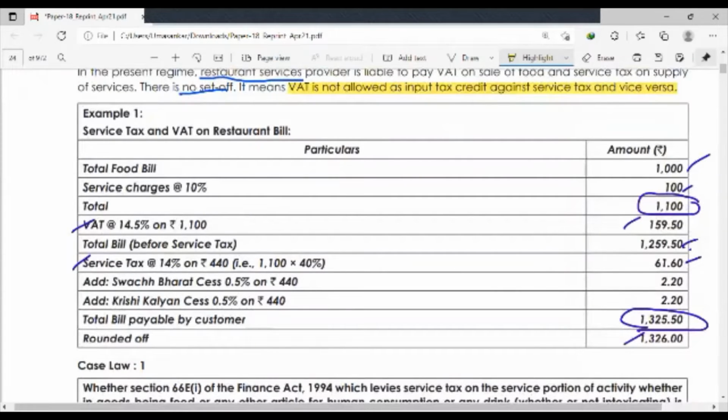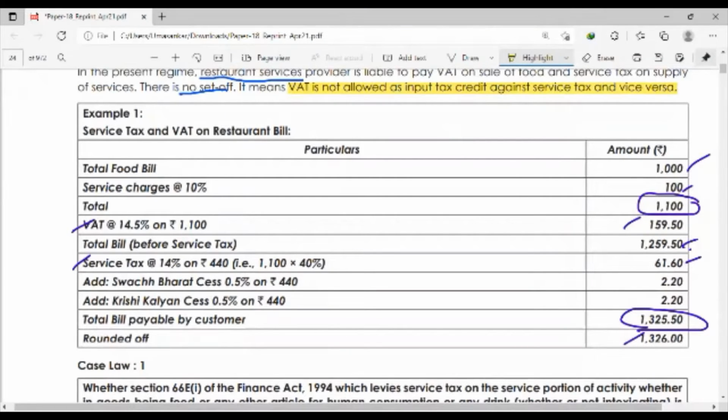Example: service tax and VAT on a restaurant bill. Total food bill is 1,000. Service charge 10%, 100 rupees. So the total value is 1100. Okay. VAT at the rate of 14.5% on 1100 is 159.50. So the total bill before service tax is 1259.50. Now service tax at the rate of 14% on 440.